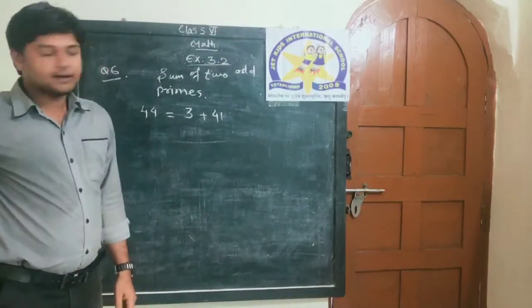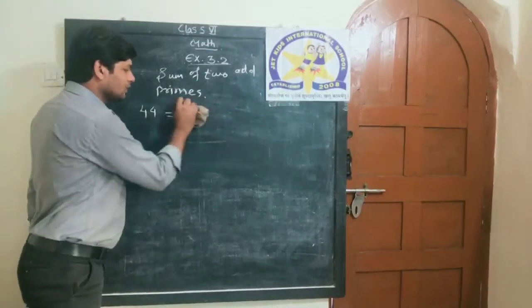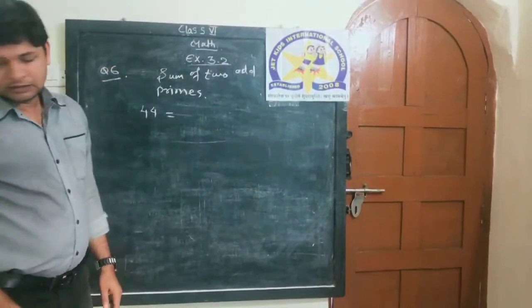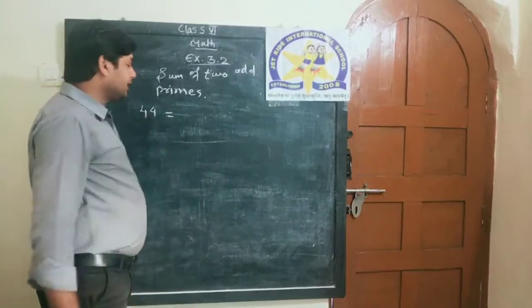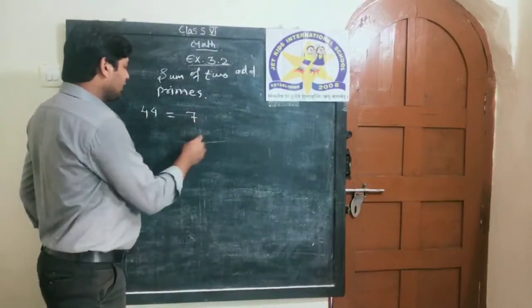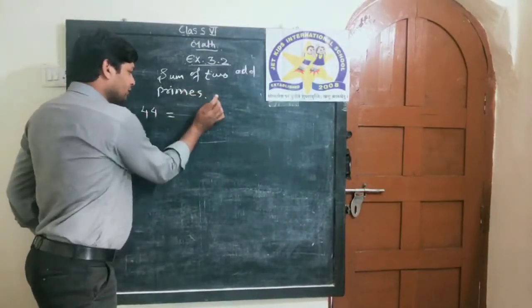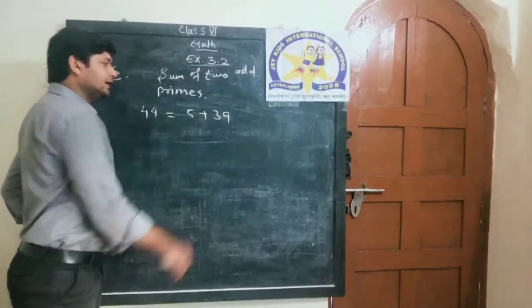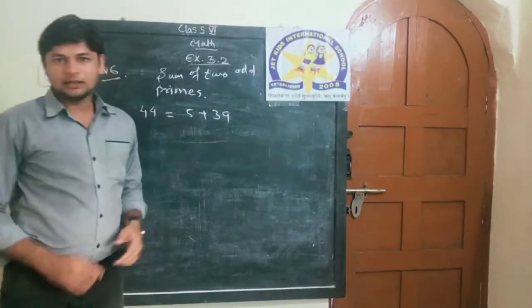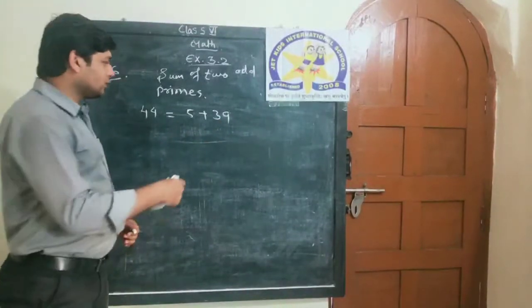One more thing we can write: in a similar manner we can write 7. If I am taking 5, next 5, we need 39, right? But 39 is not a prime number, that's why we cannot take this.